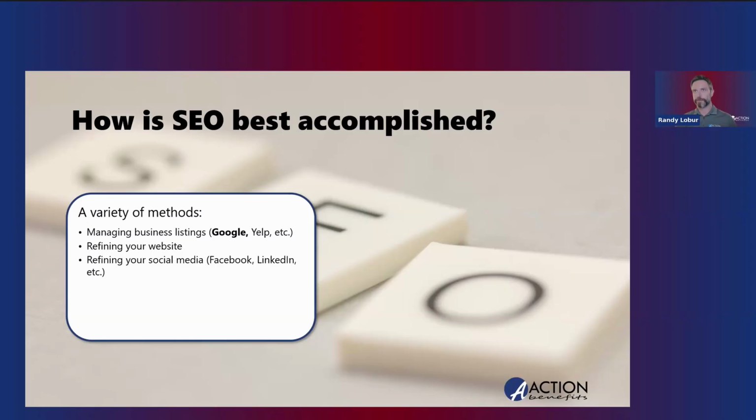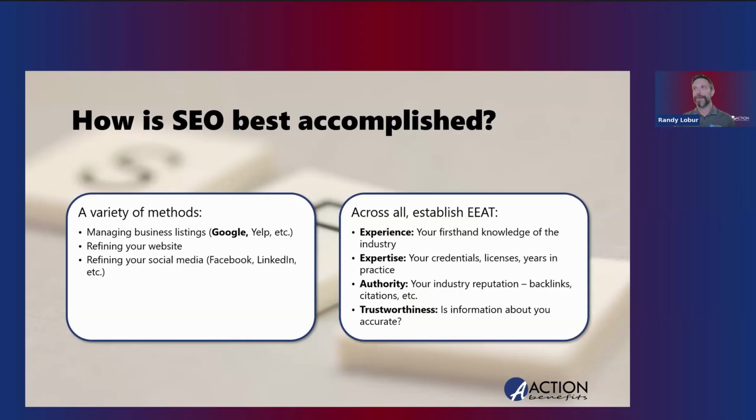To help them figure out which businesses to recommend and put in front of consumers. Generally speaking, this is a gross oversimplification of what it takes to get that done, but that's okay for the moment. You need to establish four things as you are thinking about your online presence. That is what Google refers to as EEAT, or EAT, because I stretched out the E there.